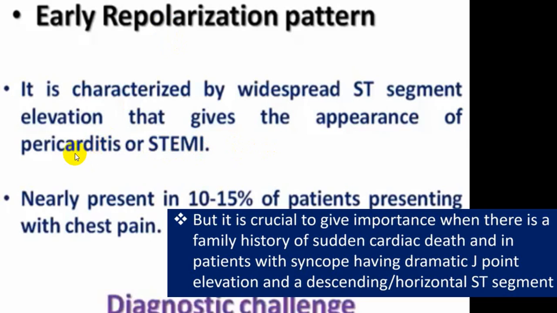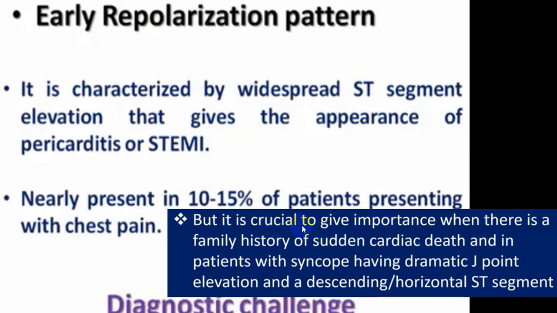And good number of times in pericarditis, if anticoagulants, aspirin, clopidogrel are given, the person can end up with hemorrhagic pericardial effusion and cardiac tamponade, and it can be lethal. Other way around, if a person is having STEMI and you diagnose them as early repolarization syndrome group, you wait for a while, you can end up with complications of STEMI such as cardiac arrhythmia and sudden cardiac death. That's why it is very, very important.